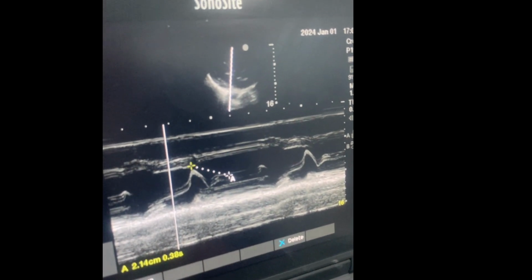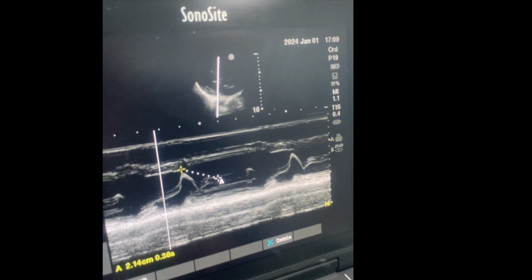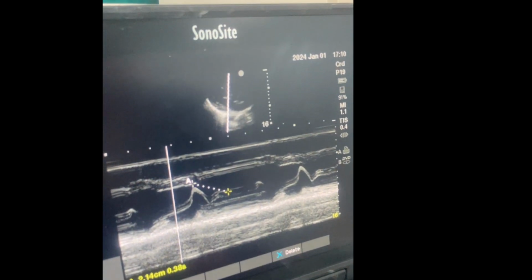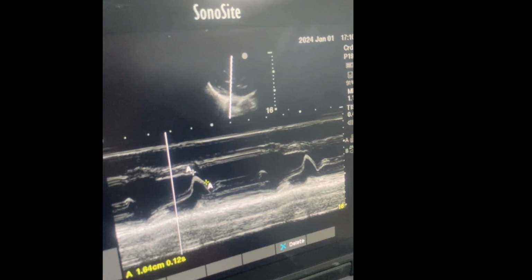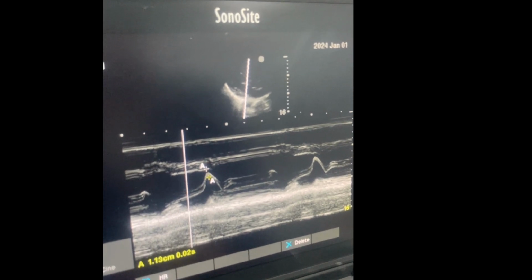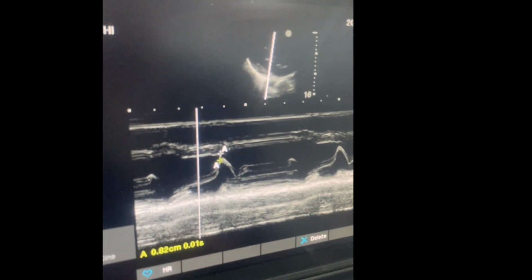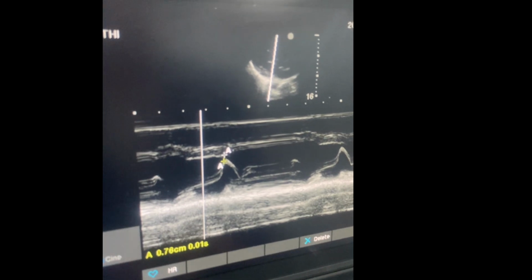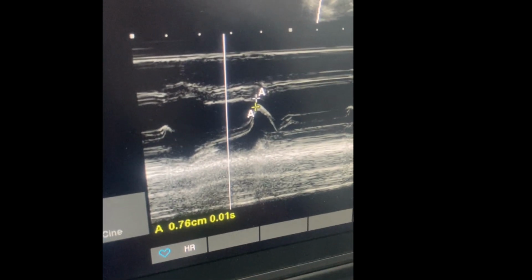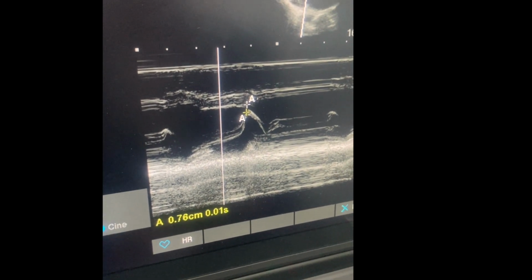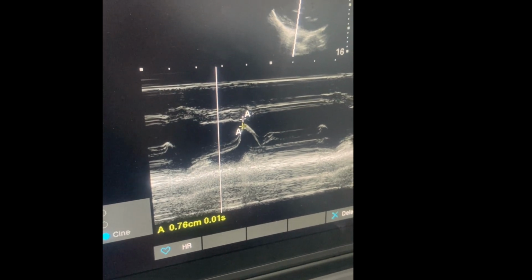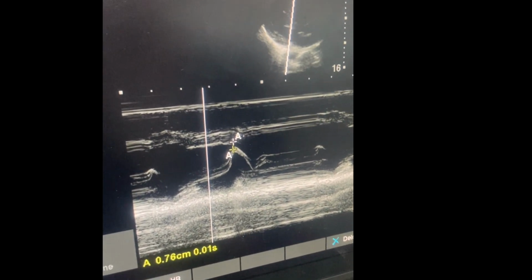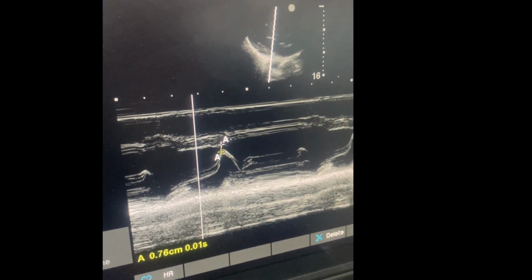This is called E point septal separation. So it is around 0.76 centimeter, which means around 7 mm. So in this patient, we can see that ejection fraction is normal.